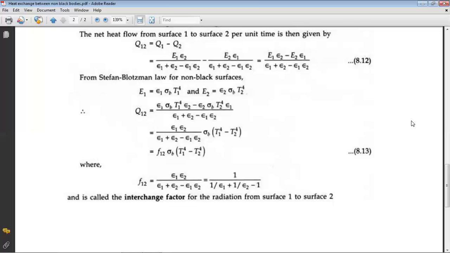Similarly, F2 on 1 is the fraction of energy emitting from the second surface striking the first surface.